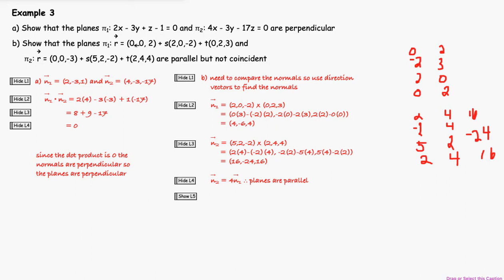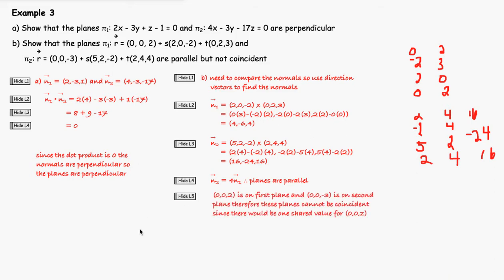So if the x and y coordinates are equal and the z coordinates are different, there is no way these planes can be the same plane. If 0, 0, 2 is on this plane, then 0, 0, 2 should be on this plane, but we're getting 0, 0, negative 3.